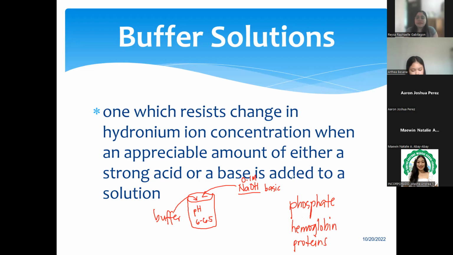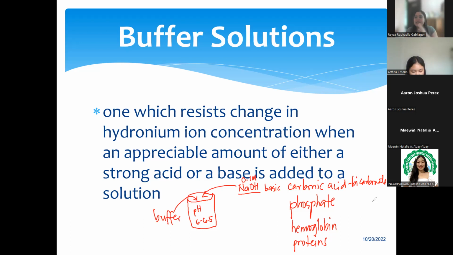And at the same time, the carbonic acid, carbonic acid bicarbonate ions are also buffers in the blood. So marami masyado tayong buffer in our body. That is the reason why even if we eat something, hindi basta-bastang nag-change yung pH ng ating blood.